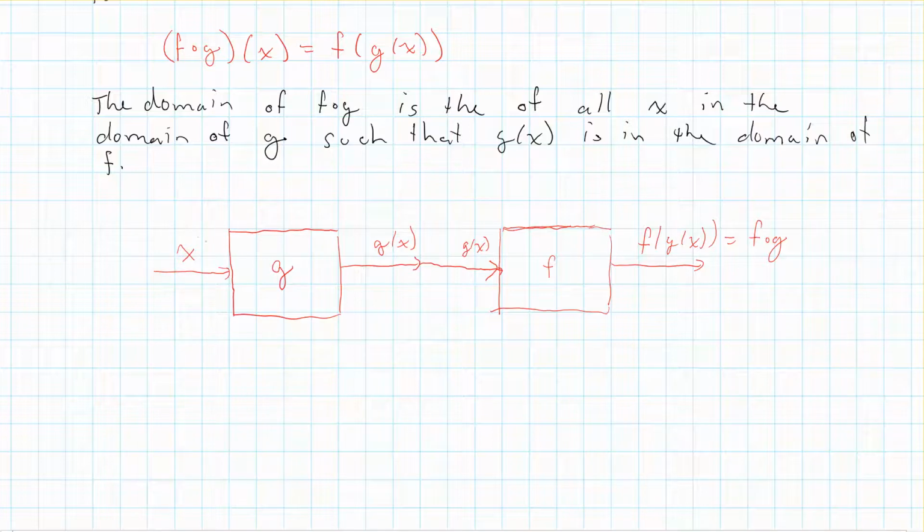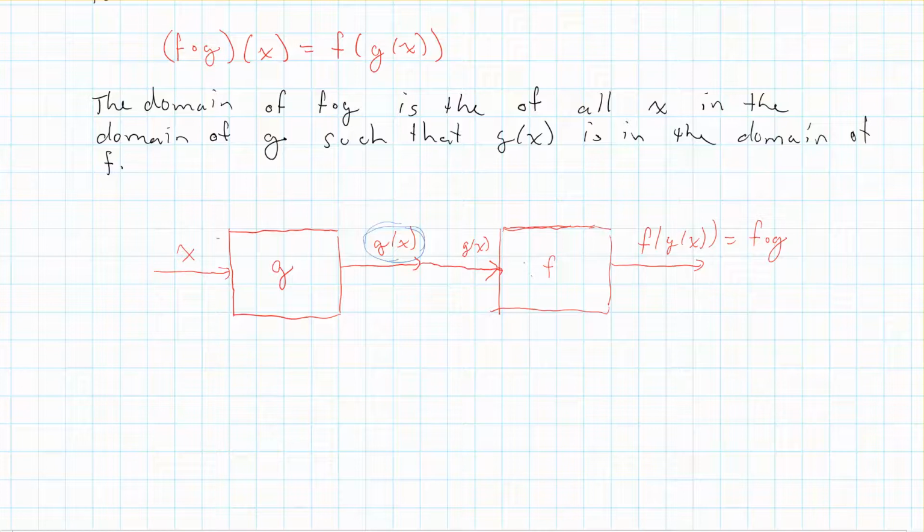So we have to see, what can I plug into g? And once I've determined what I can plug into g, I get my outputs g at x. But now g at x is the input into the function f, and so I have to determine what outputs are allowed in as far as inputs.